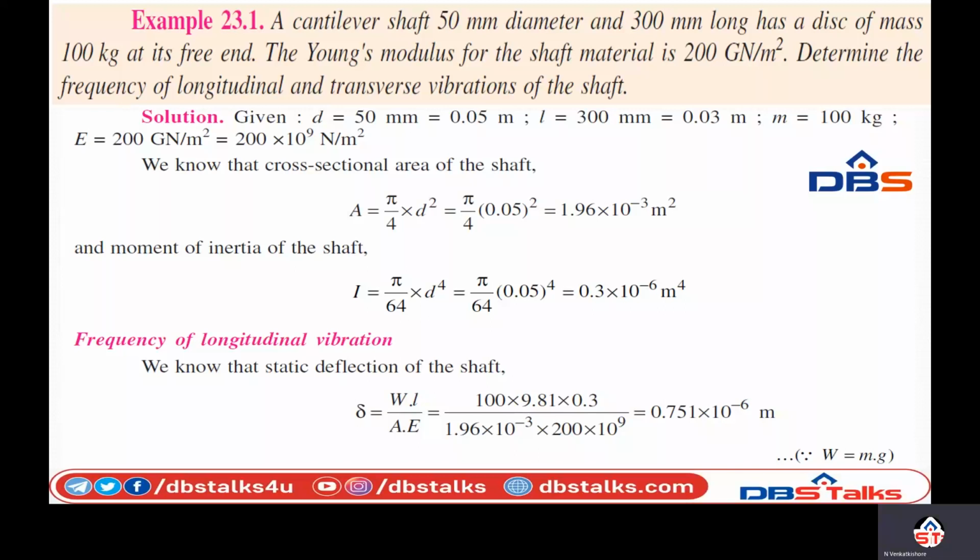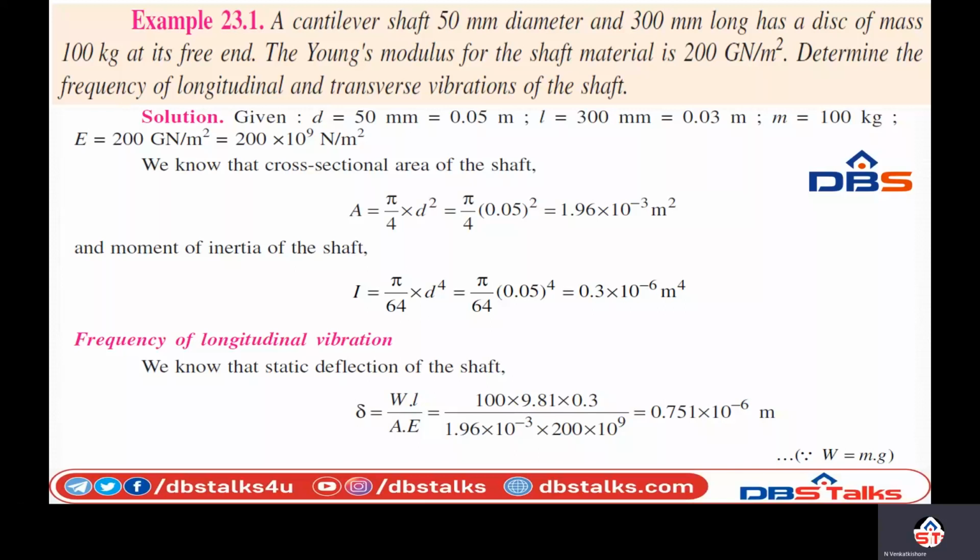A means area of the shaft, whether it is a hollow shaft or a solid shaft. That is the cross-sectional area of the shaft, pi by 4 d square. So A is equal to pi by 4 d square, d already given, pi by 4 into 0.05.